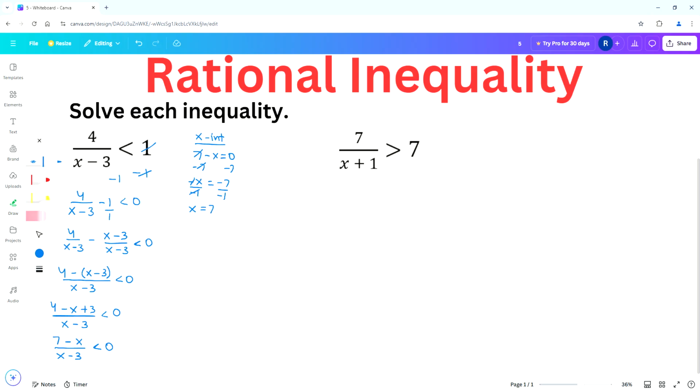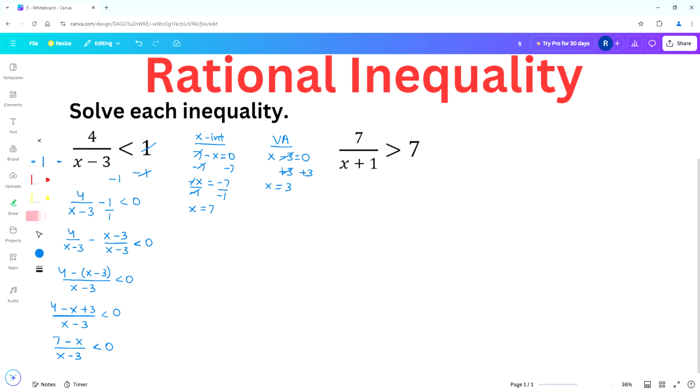Next, we can find the vertical asymptote. We set the denominator expression equal to 0 and solve for x. I get x equals 3.